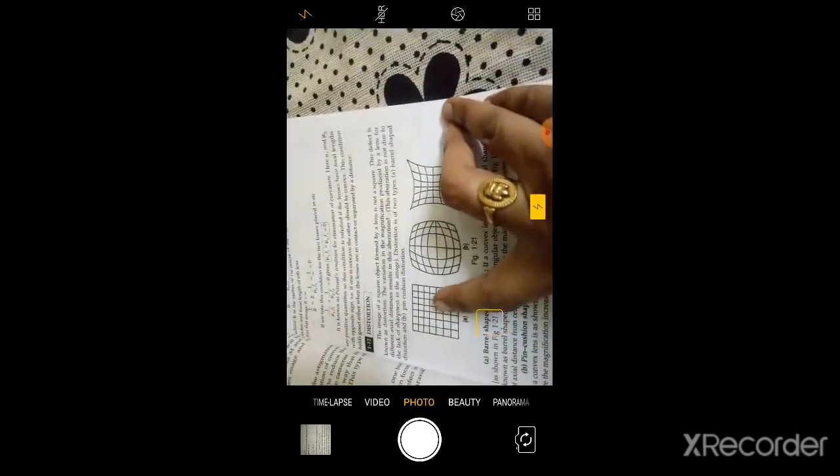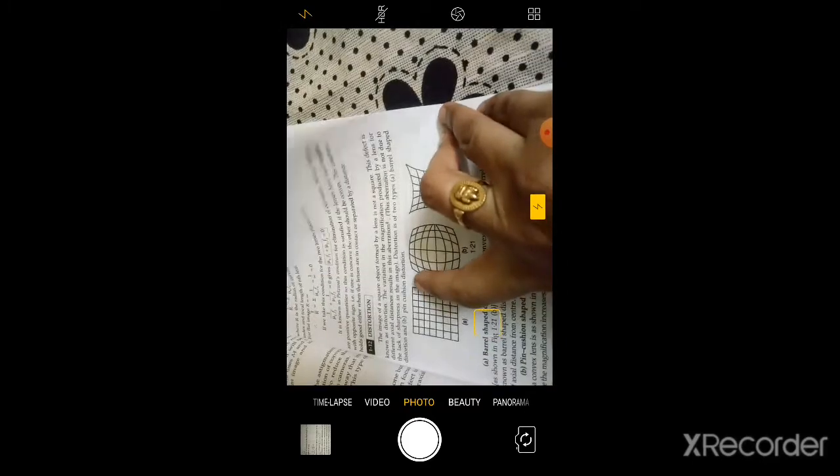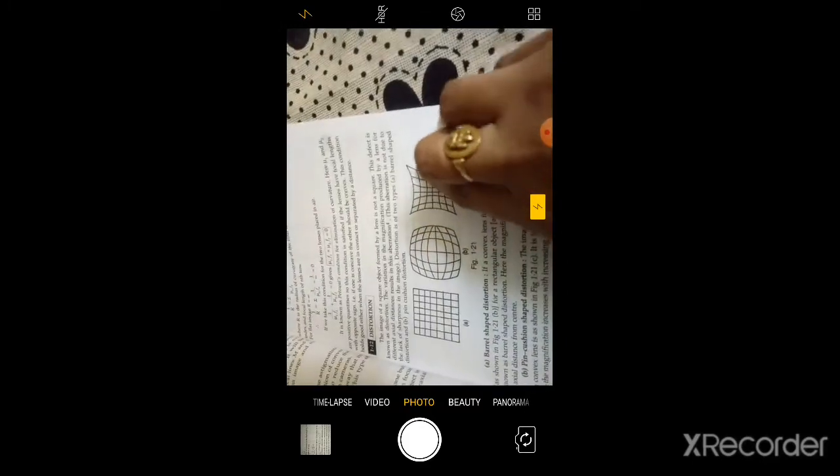Here this is the object, this is the image. Image can be formed in two types, either barrel shaped or pin cushion shaped. Barrel shaped means from the center towards the corners magnification is decreased. In pin cushion shaped distortion, from the center away from the axis, the magnification is increased.